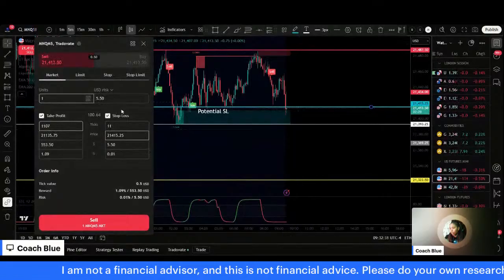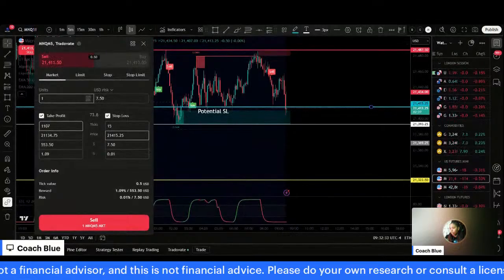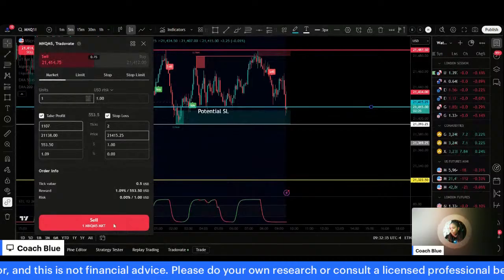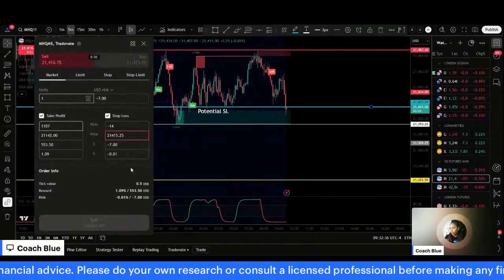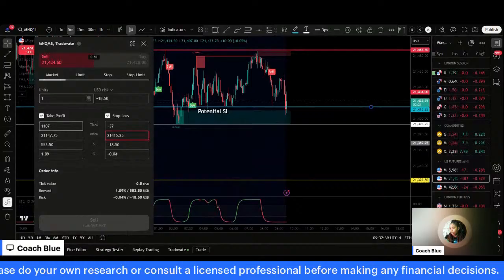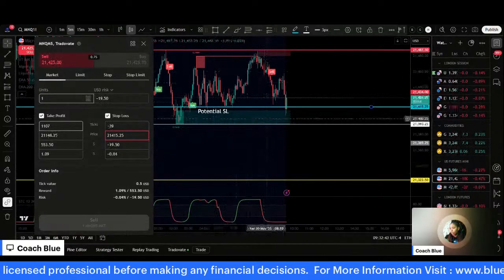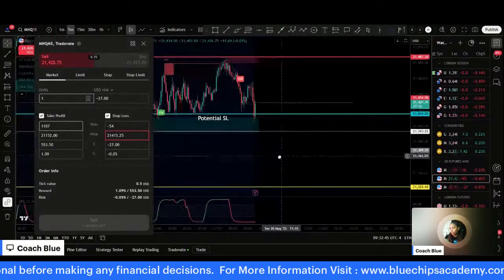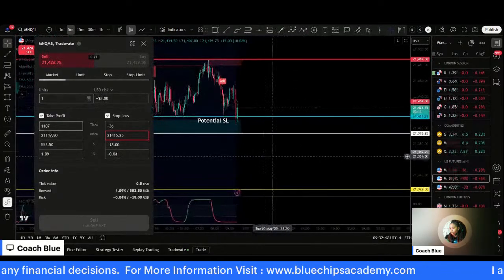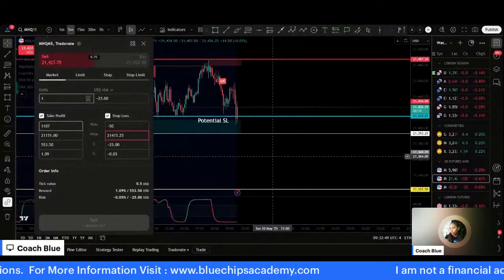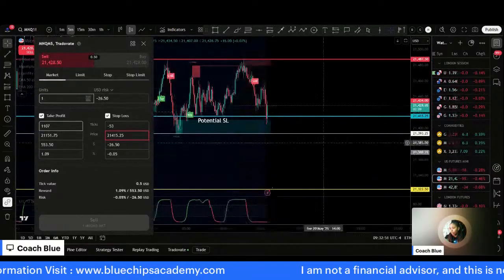Notice when I put in 2 contracts, I'm not putting in 2 here. I'm putting in 1, then I click sell, and then I put in 1 again and click sell. That's important because each position will have different levels for take profit. The stop loss will be the same, but the take profit will be different.